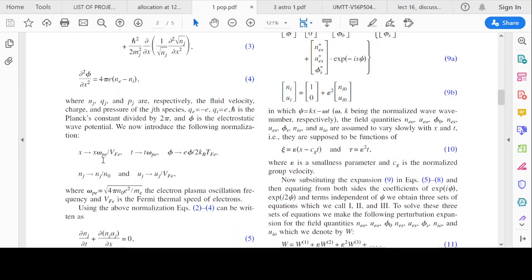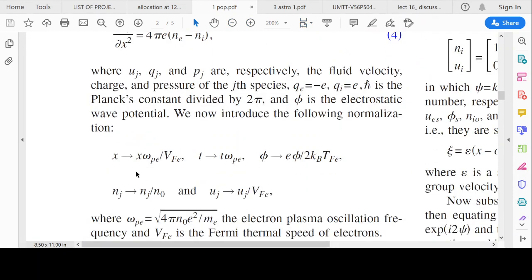You see, x is equal to x omega pe divided by VFe, the Fermi velocity of electrons. Similarly we have the Fermi temperature of electrons, we have used the temperature.